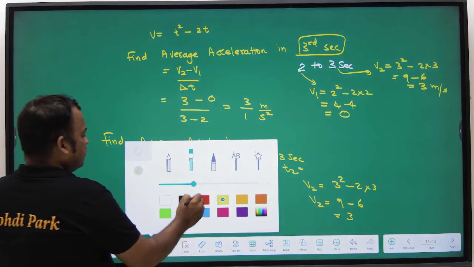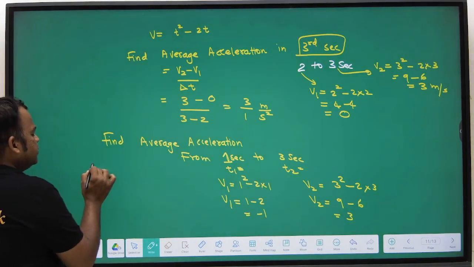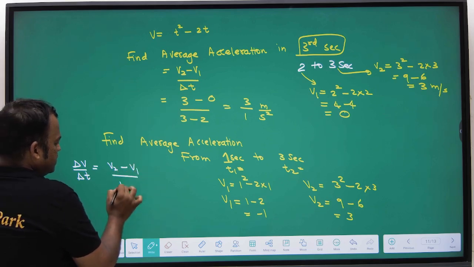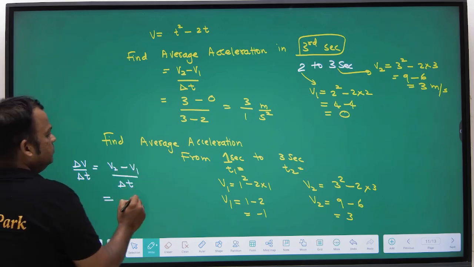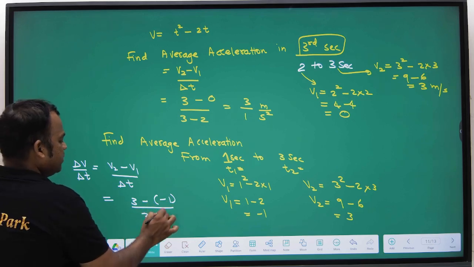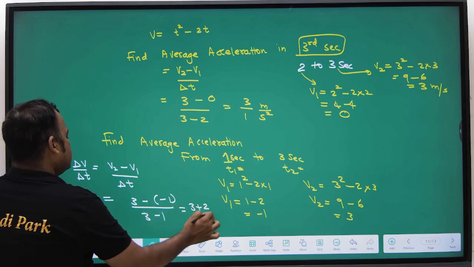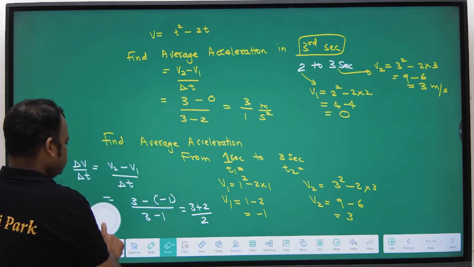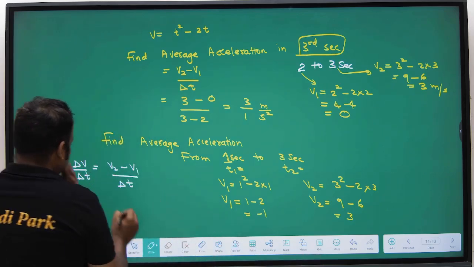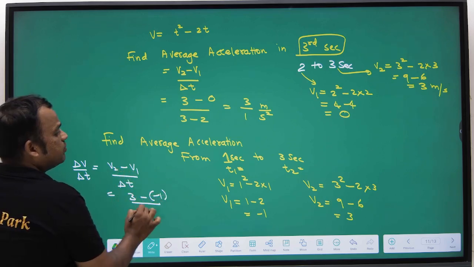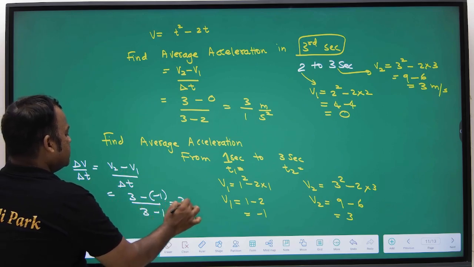Now we will use the formula for average acceleration. So that is delta v by delta t. So it is v2 minus v1 by delta t. 3 minus minus 1 divided by 3 minus 1. Oh, sorry. So v2 minus v1, that is 3 minus minus 1 divided by 3 minus 1.